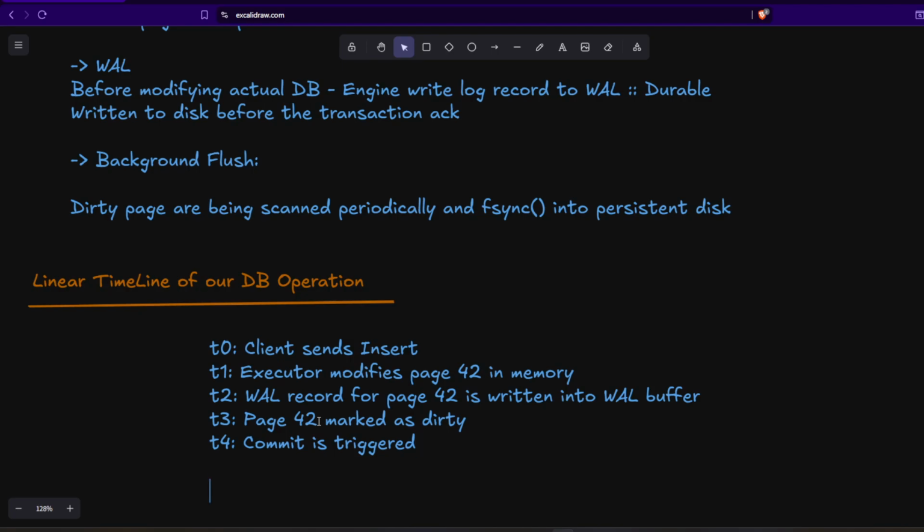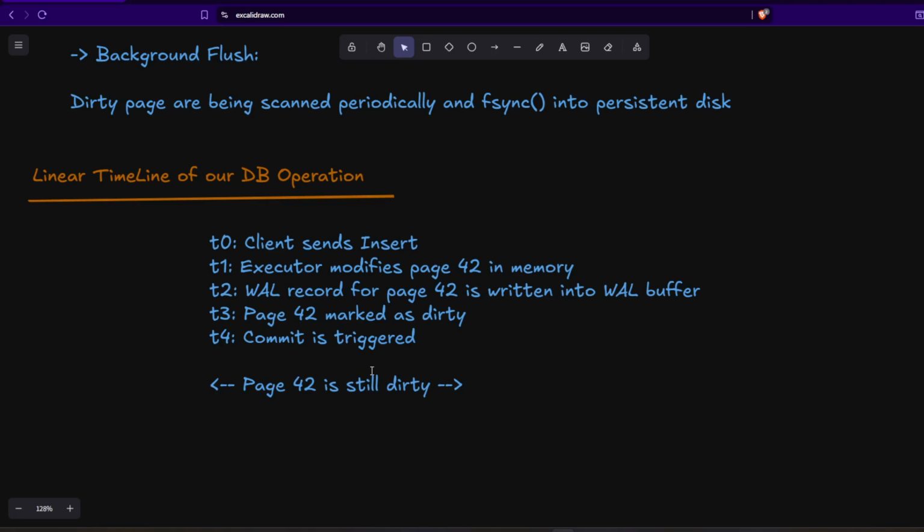Now at this point, it is very important to understand that page 42 is still dirty. And how long it will stay dirty, we don't know. This totally depends on when the fsync will be done.